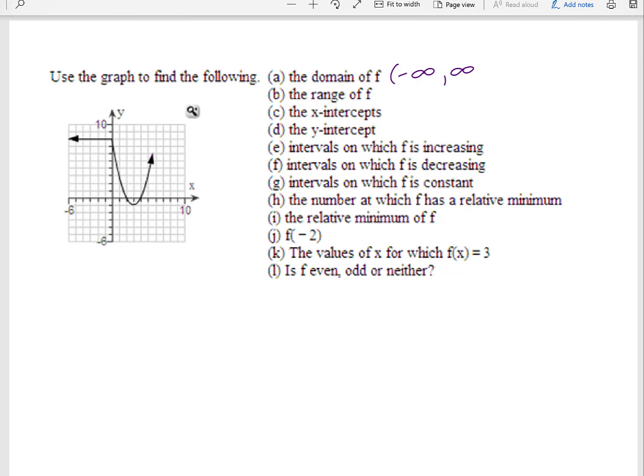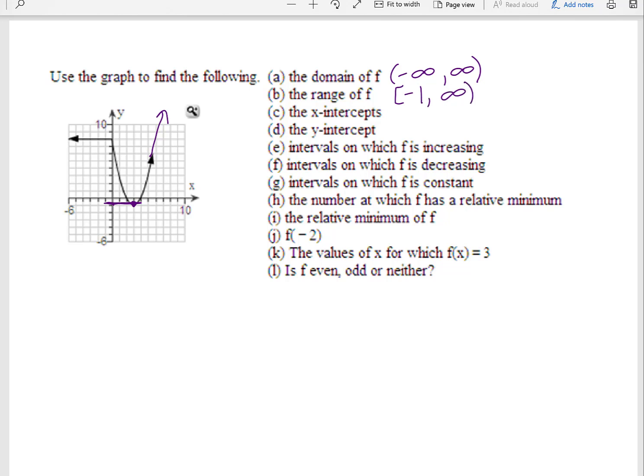Then it says, okay, well, what about my range? So remember, when we talk about range, we're talking about all my possible y's. Well, I see that the lowest point is right here. So -1, and then this is going to keep going up and up, so it'd be +infinity.